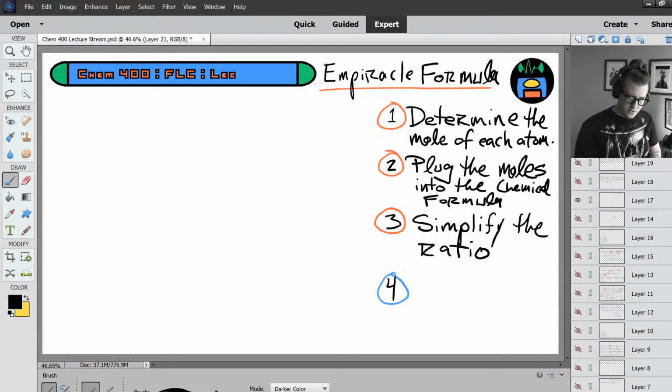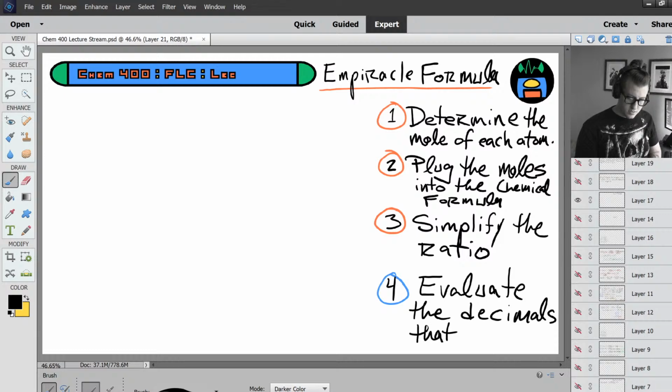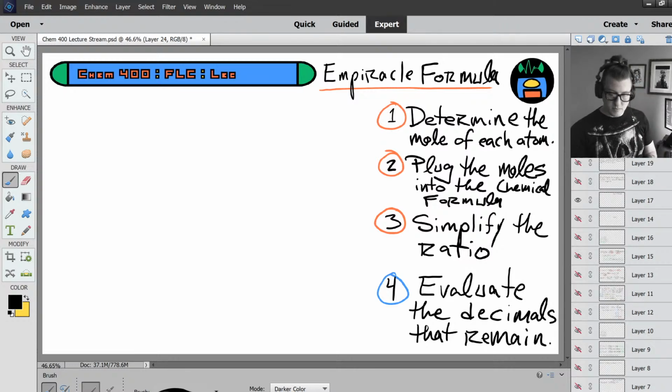Step four is to evaluate the decimals that remain. All right, let's say you're doing a problem.